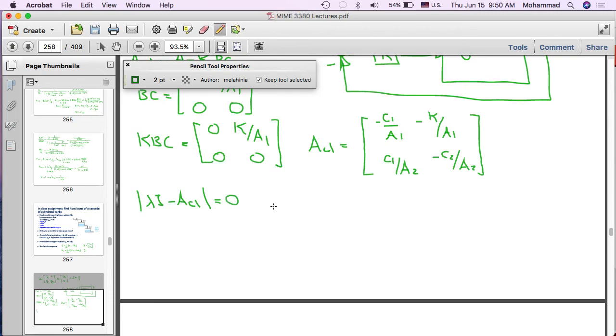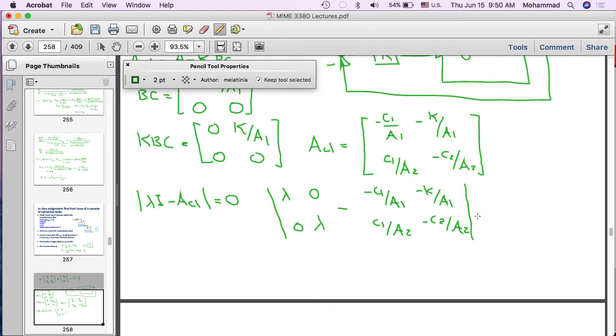So let's find the determinant. Lambda I is lambda, 0, 0, lambda, and we are subtracting from this minus C1 over A1, minus K over A1, C1 over A2, minus C2 over A2.